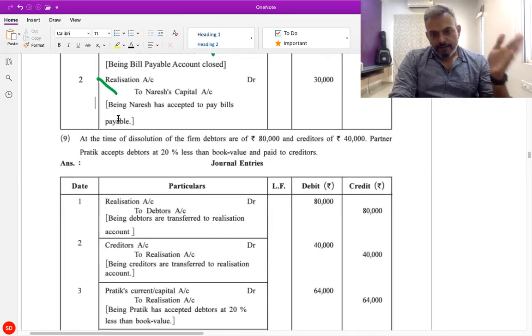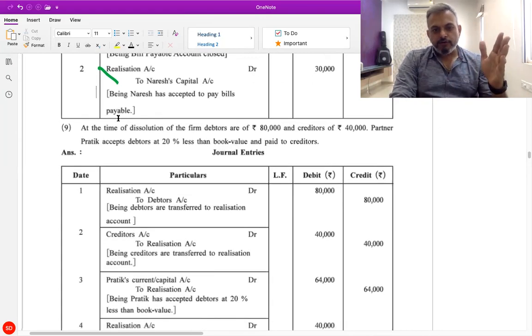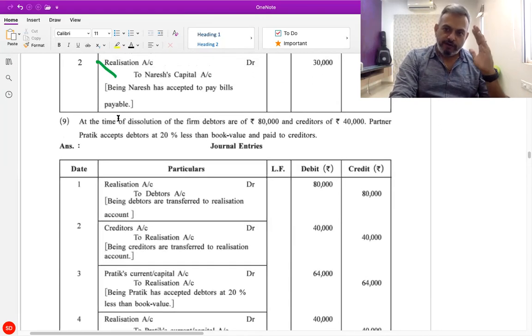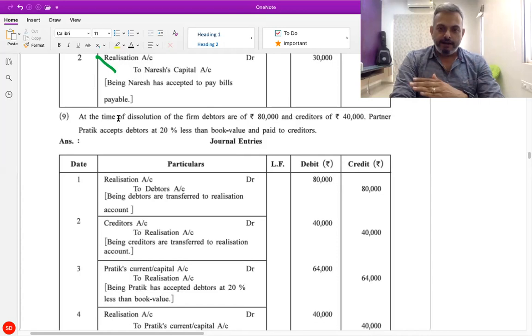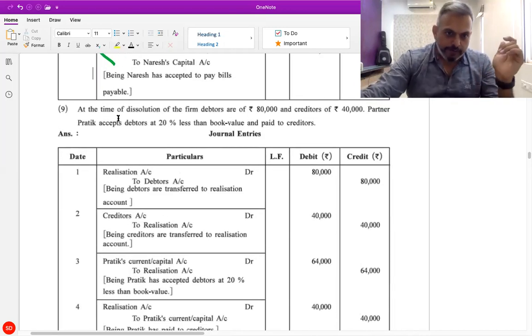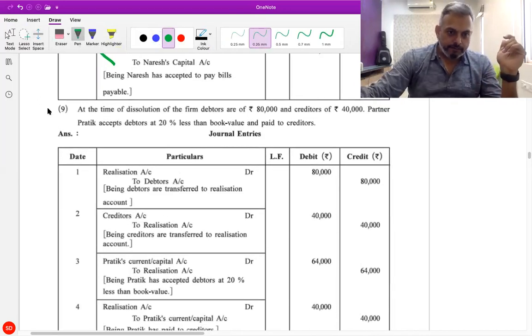And the partner paid to creditors. So realization account will be debited, but instead of cash, we credit partner's capital or current account. So ninth also, please mark it important.